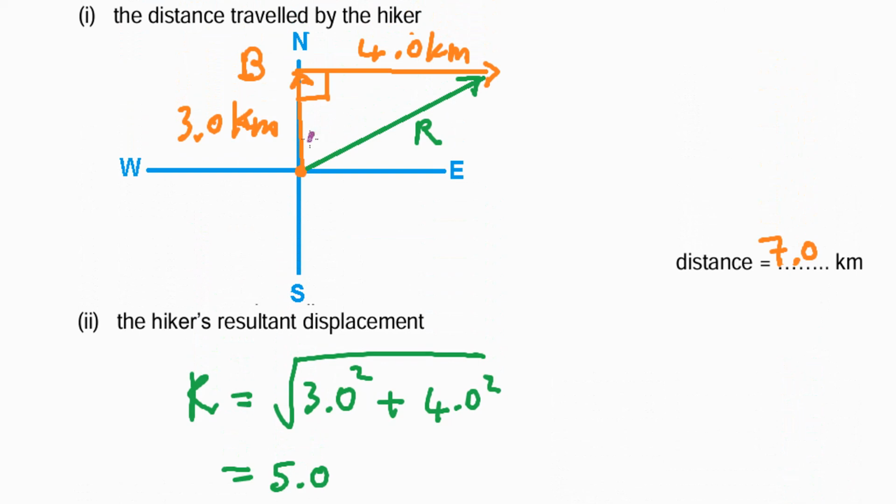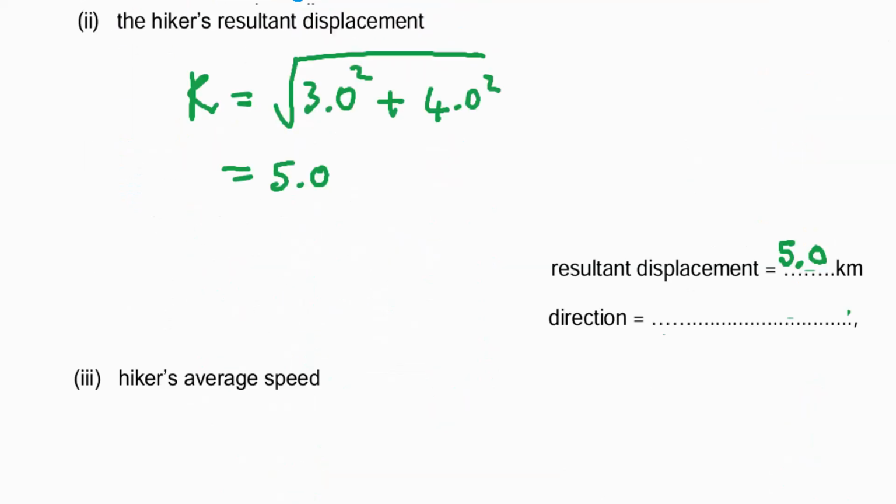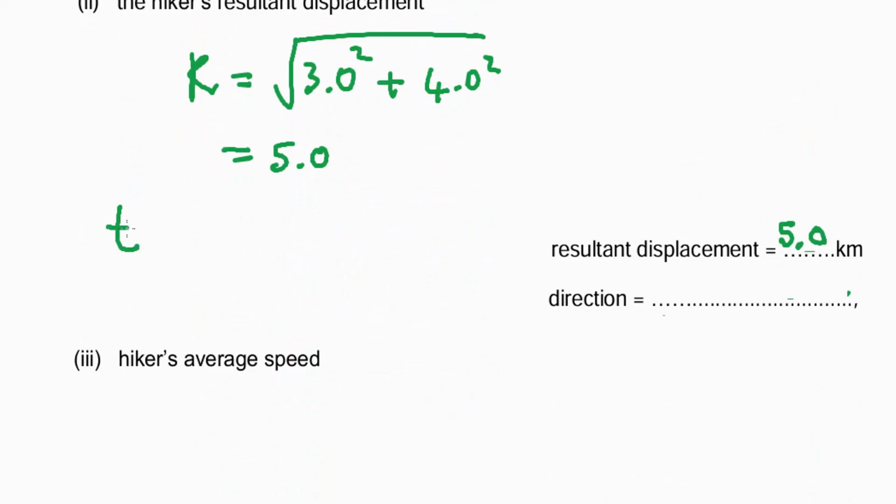We can let this angle here be theta. And we can use basic trig here inside this triangle to find the value of theta. So the tan of theta is going to be 4.0 over 3.0.